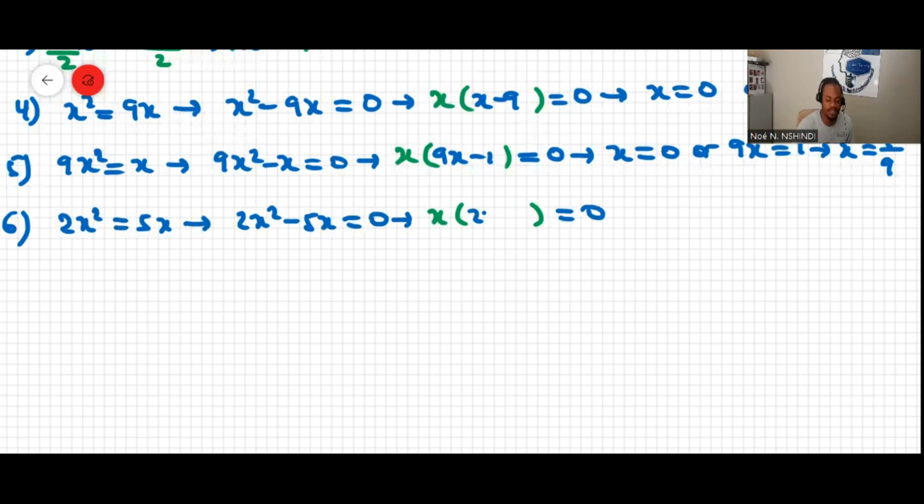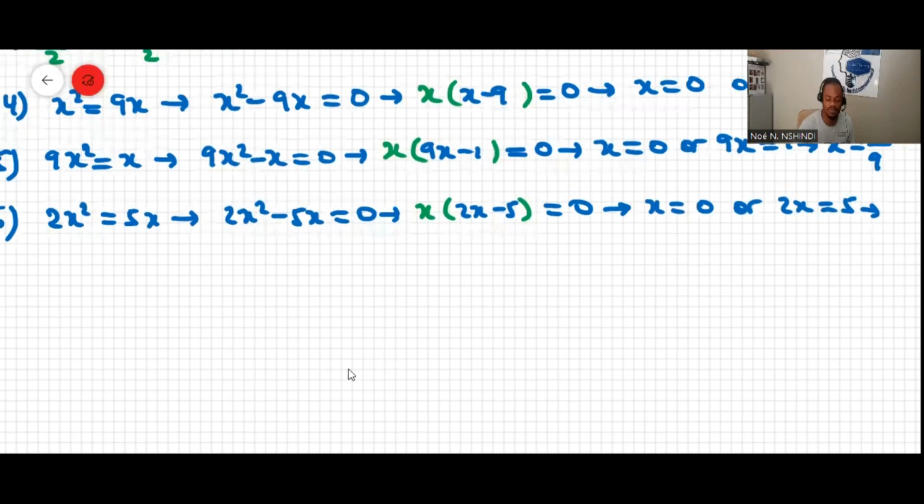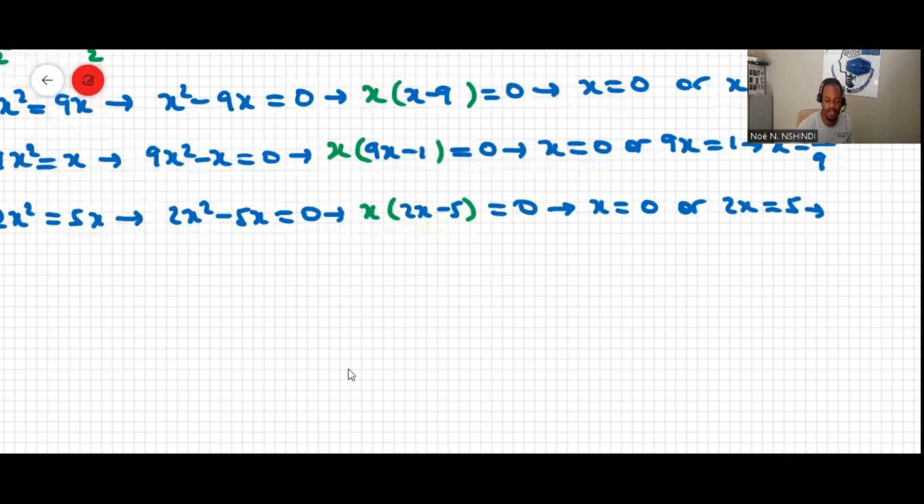And then that makes x times (2x minus 5). Now this will make x equals 0 or 2x equal 5. Now we can find the value of x when we divide both sides by 2. That will make x equal to 5 over 2.